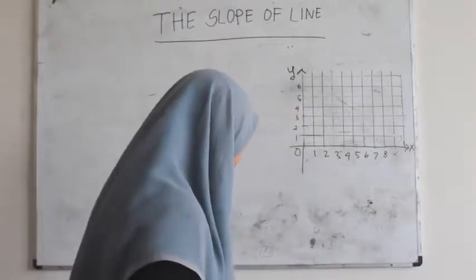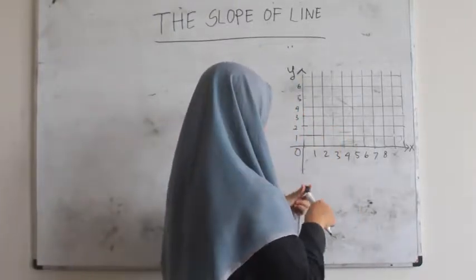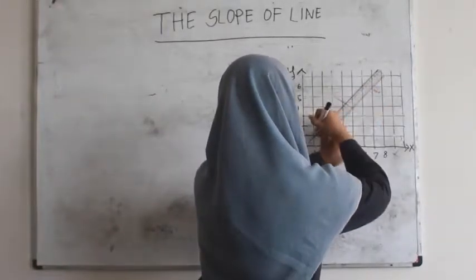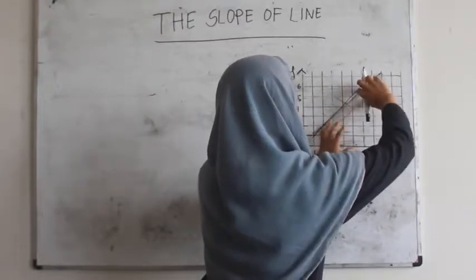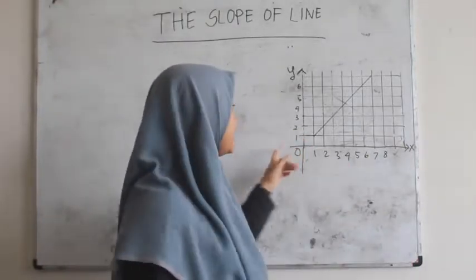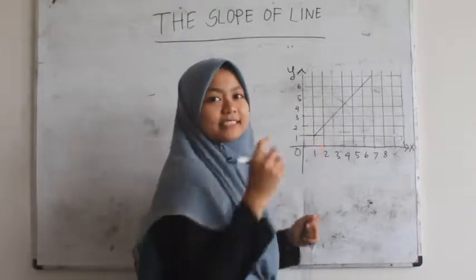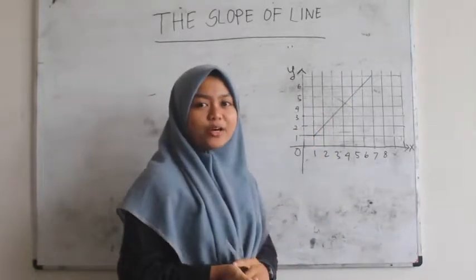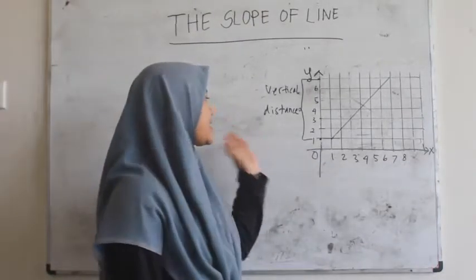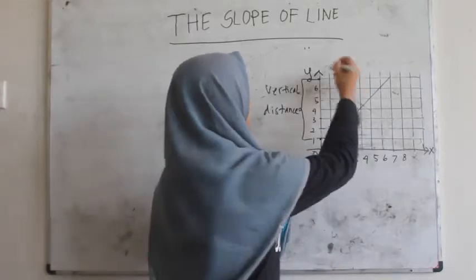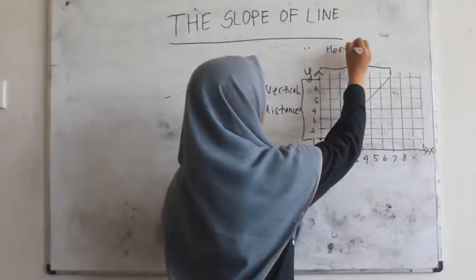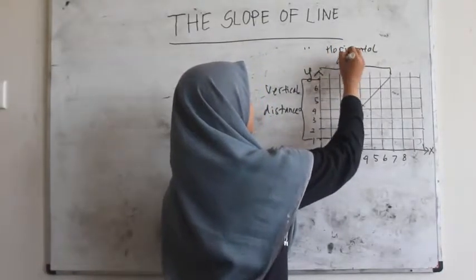If I have a line like this, the slope of this line is the ratio of the vertical distance between 2 points and the horizontal distance between the same 2 points. So there is the vertical distance and here is the horizontal distance.